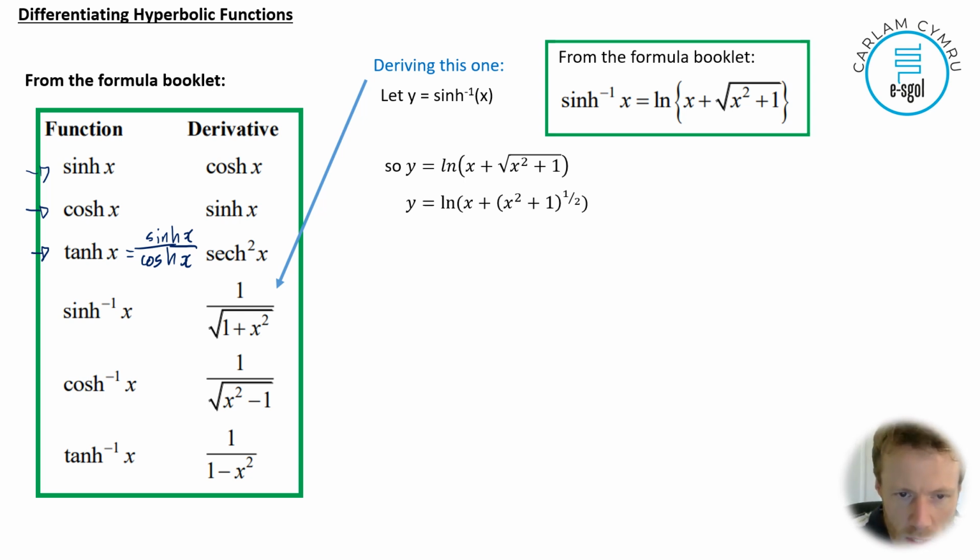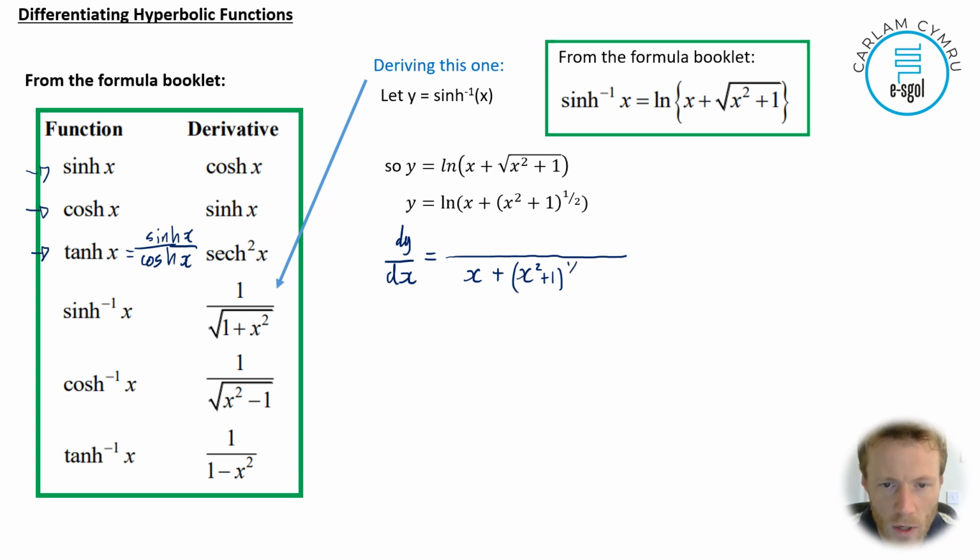So if we differentiate this now, so dy over dx, when you differentiate a natural logarithm, we get the original function on the bottom of my fraction. So underneath here, I'm going to get x plus (x squared plus 1), all in brackets, to the power of a half. Okay, so that's the denominator.